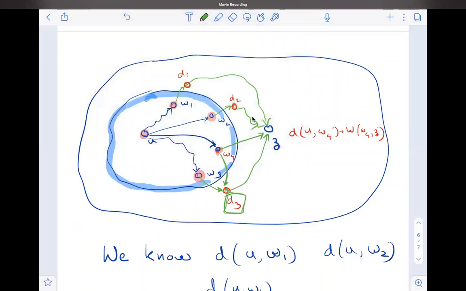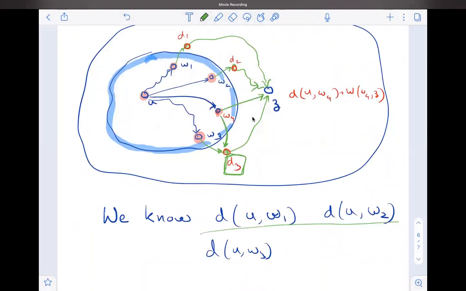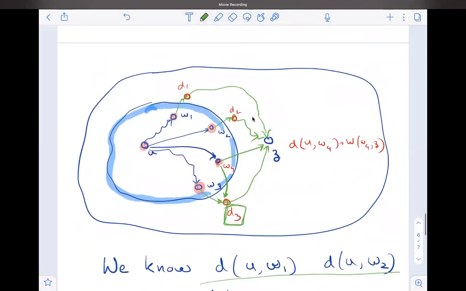Once we know this blue boundary, we can find the shortest distance between U and the vertices which are just one step away from the blue boundary. And now, out of these Di's, consider the one that is smallest.